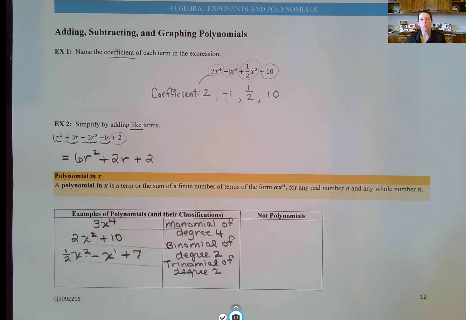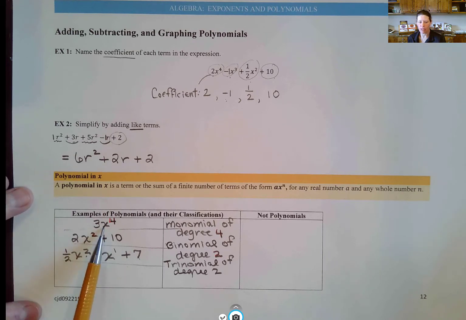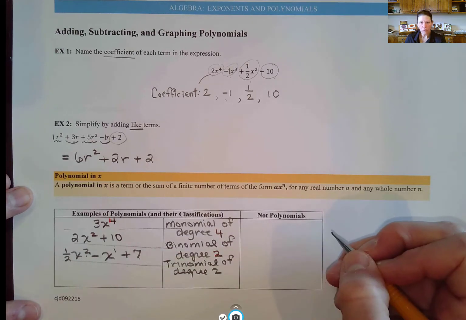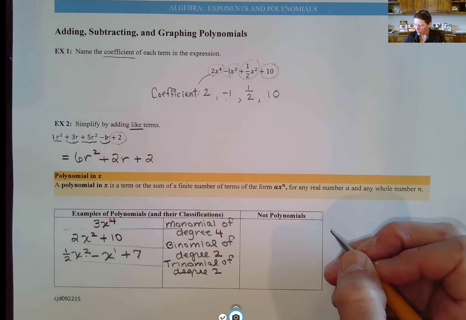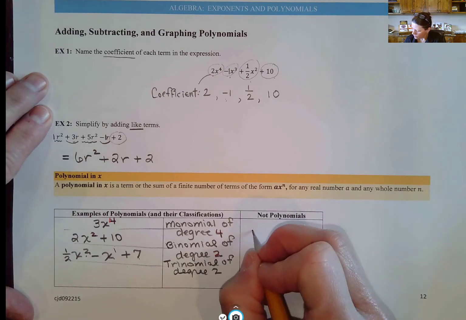And as we add more and more terms to our polynomials, we really don't have names for those. But a single-term monomial, two-termed binomial, and a three-termed trinomial are pretty common kinds of polynomials. Well, what are some things that are not polynomials?